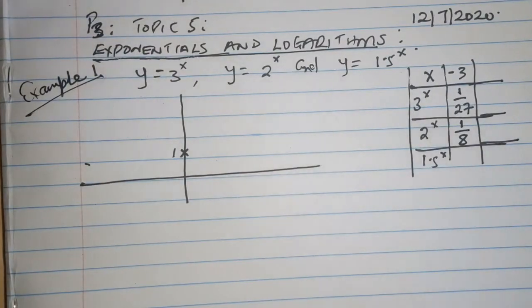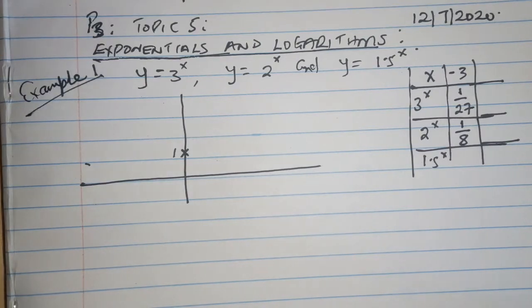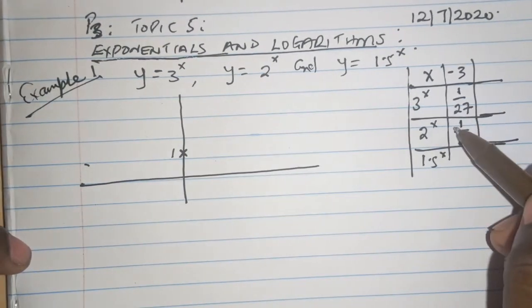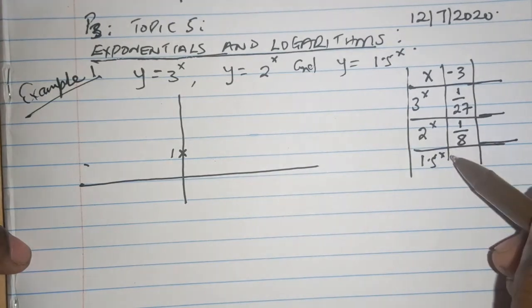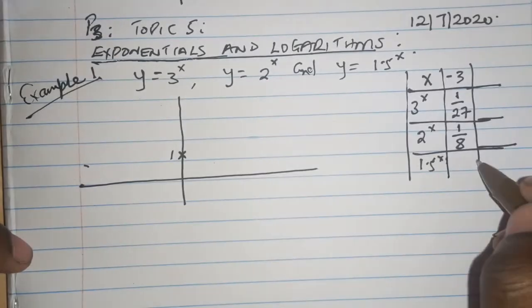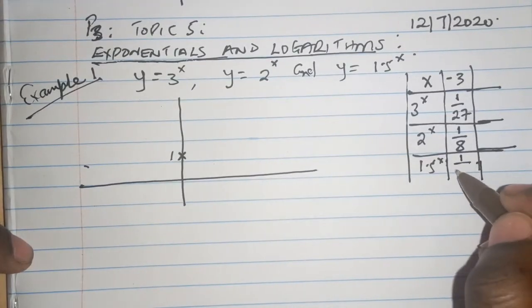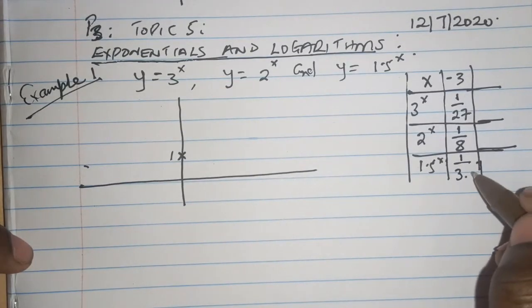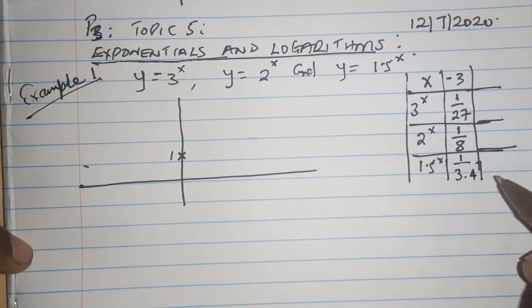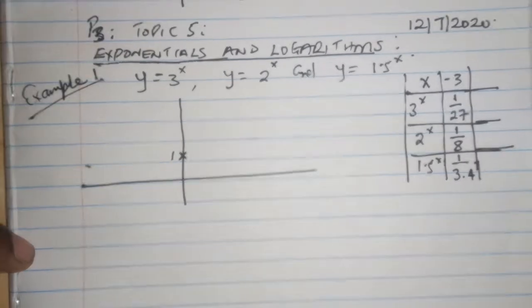And for 1.5, it's going to be 1 over 1.5 cubed, which is 1 over 3.375.